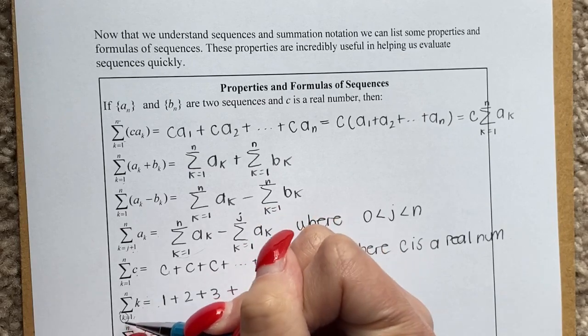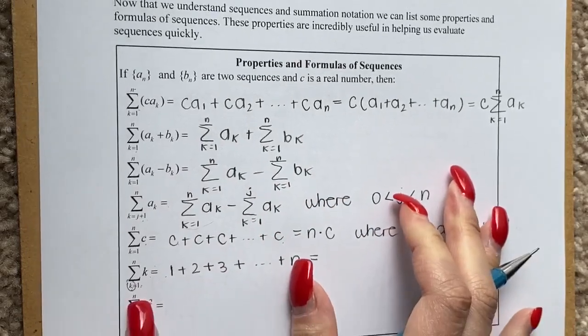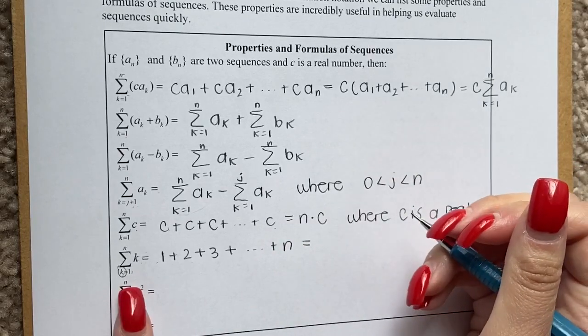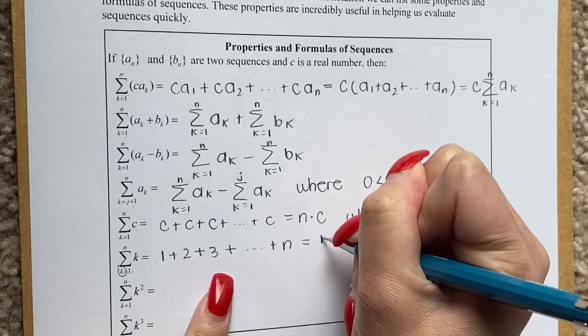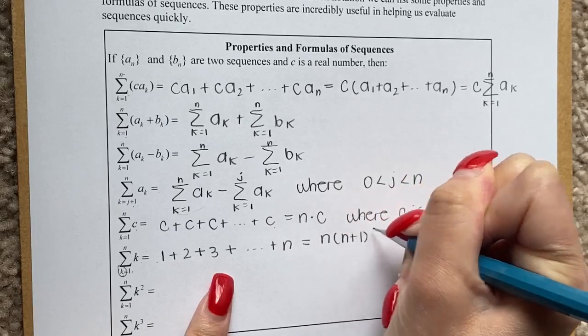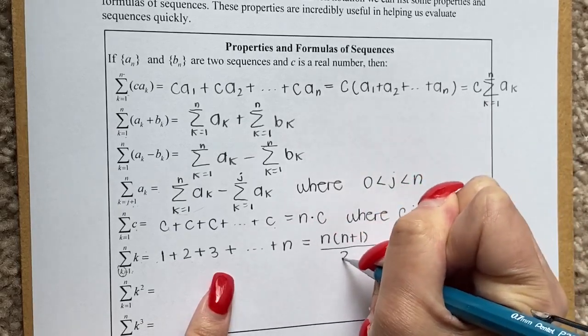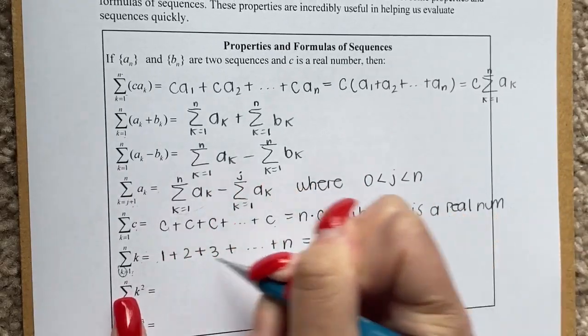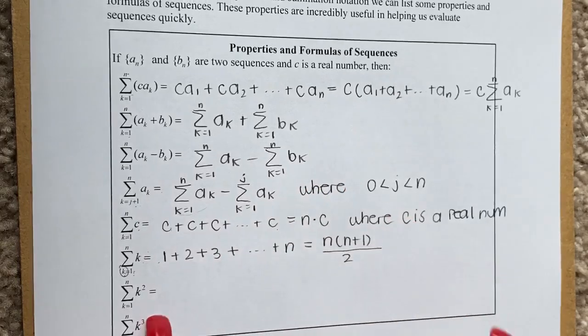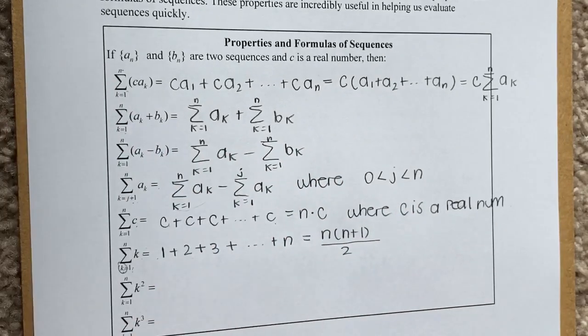This is k, which is the name of my index. That's why it changes. For this one, you have a formula: n times n plus 1, everything divided by 2. So that's a good formula for this type of equation.